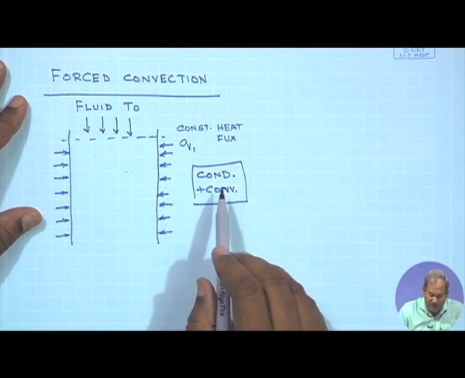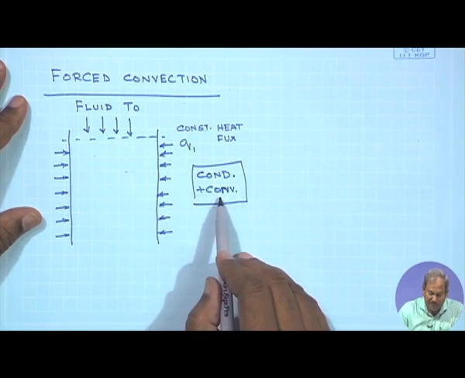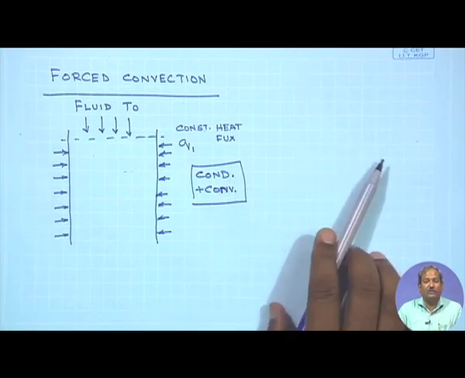Now, whenever you have convection present in the system, you are dealing with a velocity of the fluid.